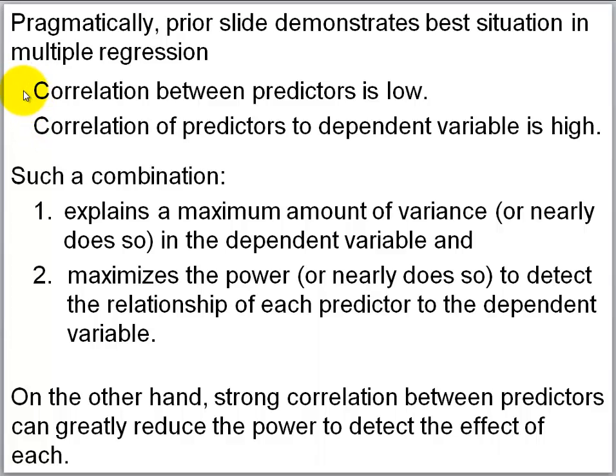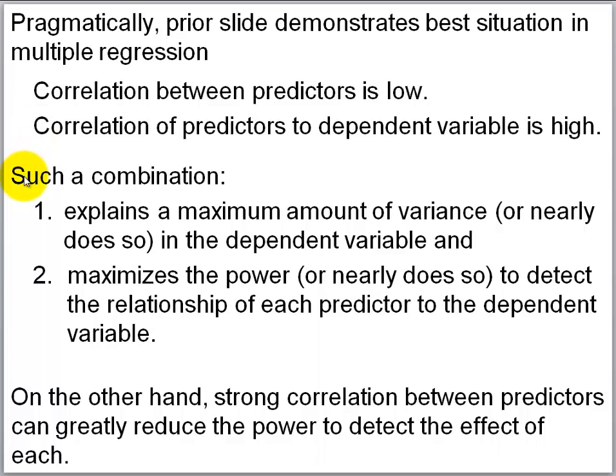And I really could say, sometimes we're going to have more than two predictors, so I just simply want to say the correlation among the different predictors is low, and further, each of the predictors has a fairly strong correlation to the dependent variable.